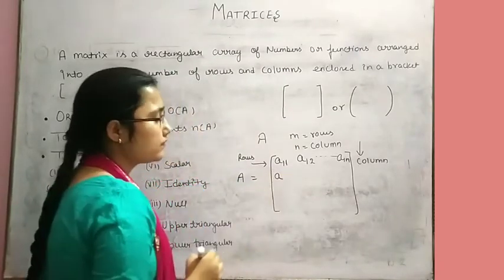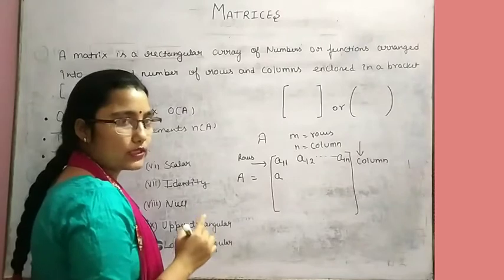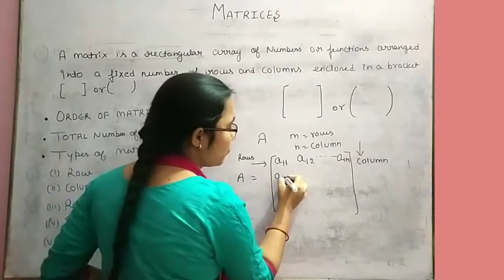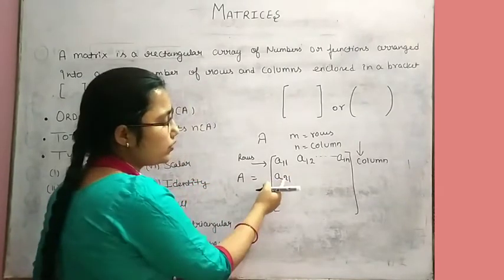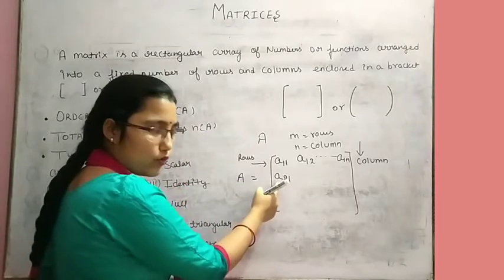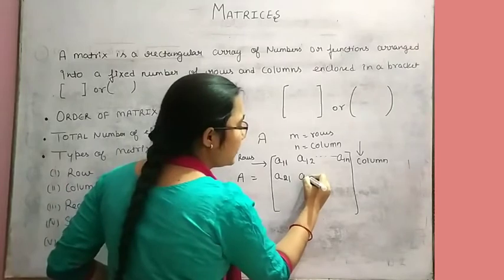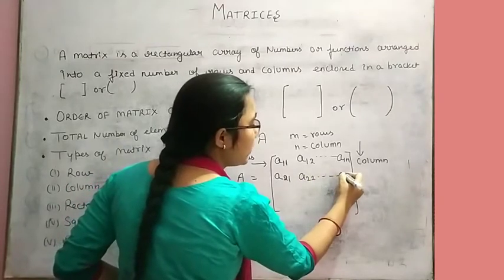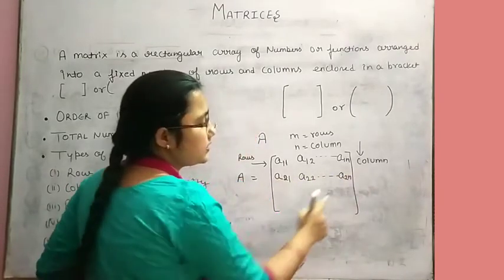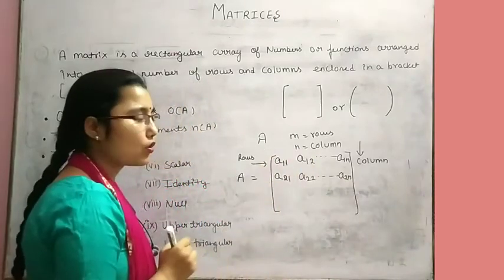Similarly, the position of the second row, first column element is A21, where 2 represents the second row and 1 represents the first column. Similarly, A22 and so on, A2n, second row and nth column.